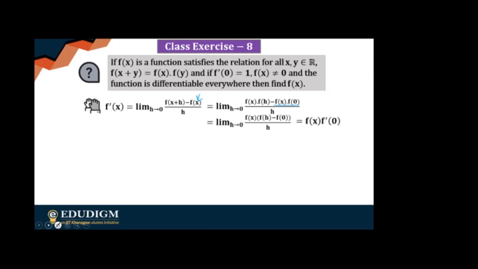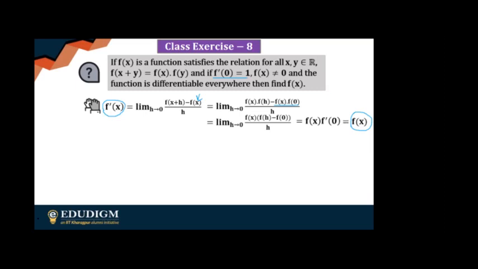Rest is very, very similar, something we have already done. Now you know the value of f'(0). So what you have is basically this one. All right. So I hope up to this portion it's okay. It's very similar to what we have done in the previous exercise as well.